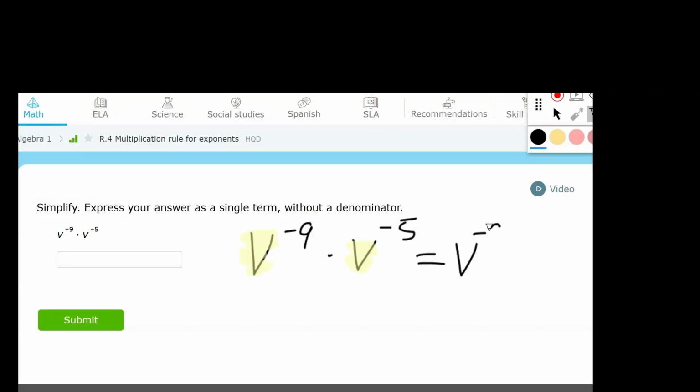So in this case, we have negative 9 plus negative 5, which is the same thing as v to the negative 9 minus 5. Negative 9 minus 5 is negative 14. So we're left with v to the negative 14.